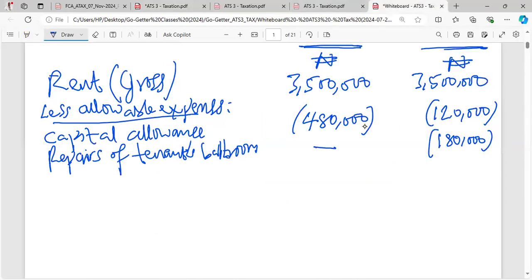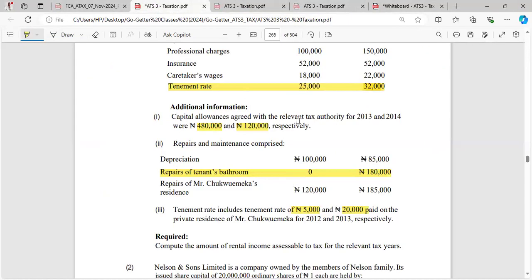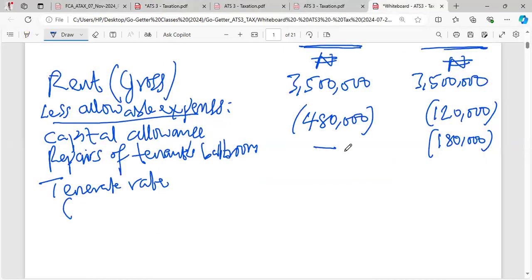So which one is allowed? Let's do the one that is allowed. You will not say tenement rate. You open a bracket here. You say how much was paid. 25. This one is 32. How much was paid here?